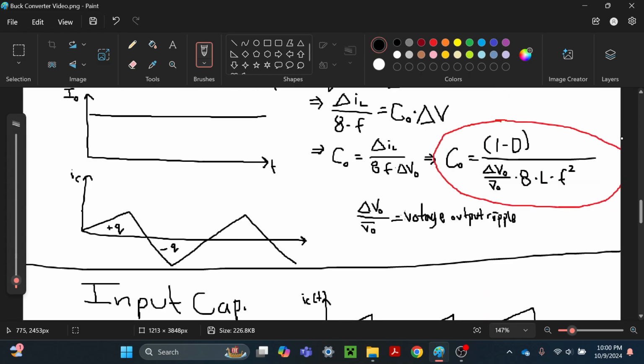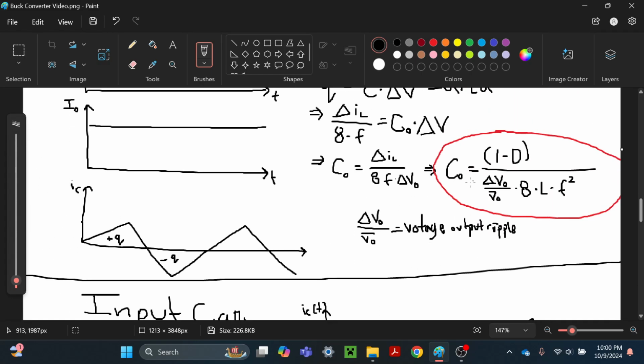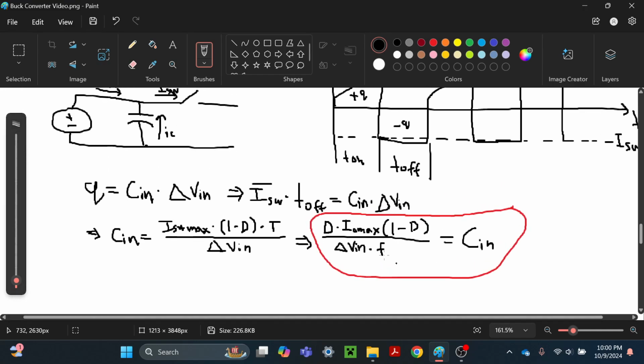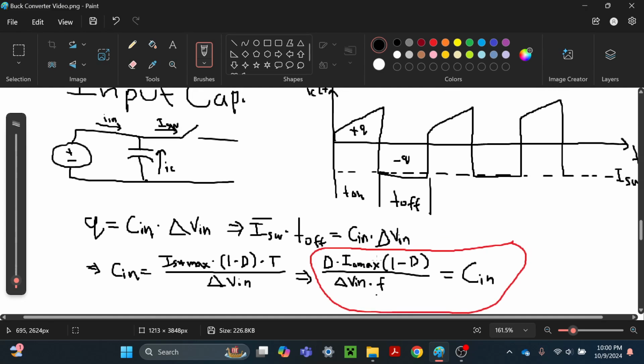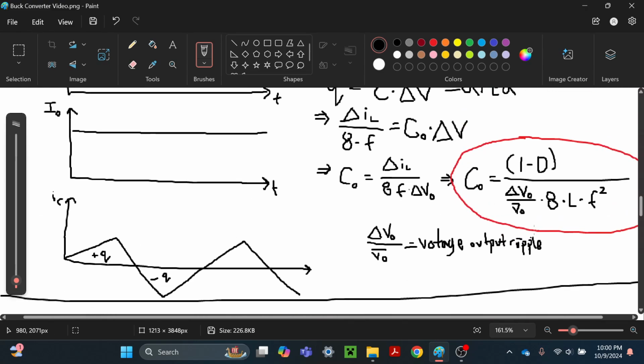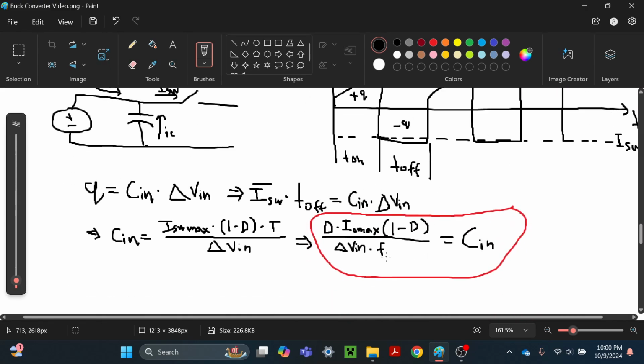And from that, we can see that similar to the output capacitor, if we want a smaller peak-to-peak ripple in the input, we need to use a larger capacitor. And the frequency, although not proportional to the inverse of the square, the input capacitor is proportional to the inverse of the frequency. So increasing the switching frequency is also going to help us in reducing the size of that capacitor.